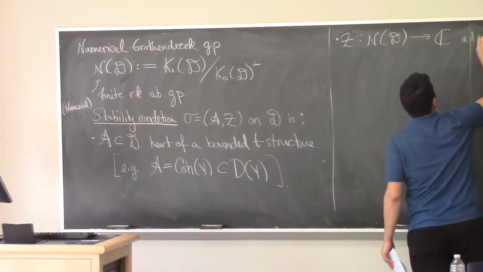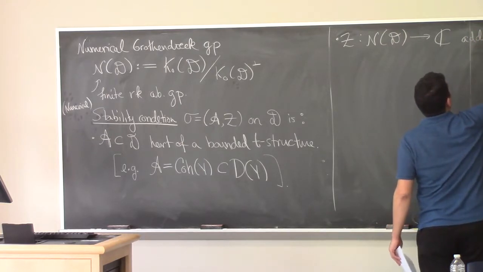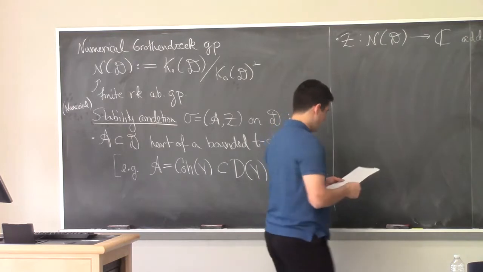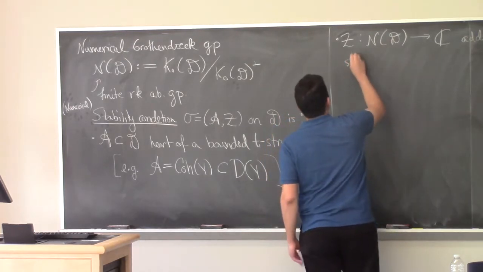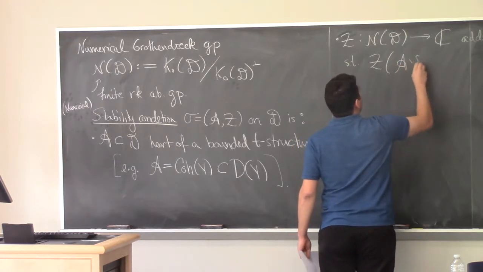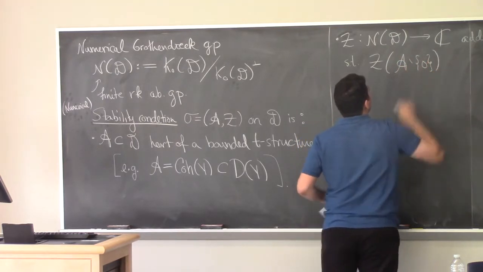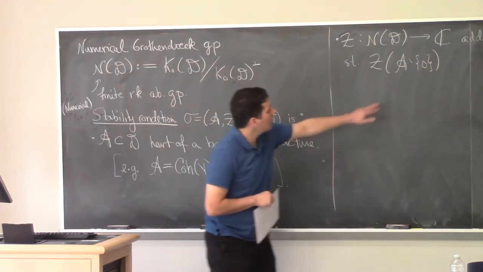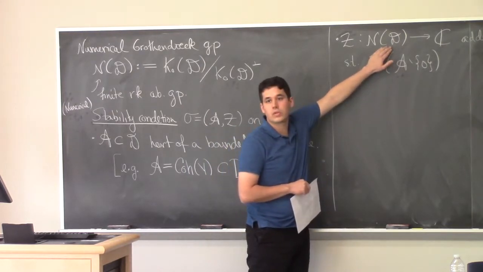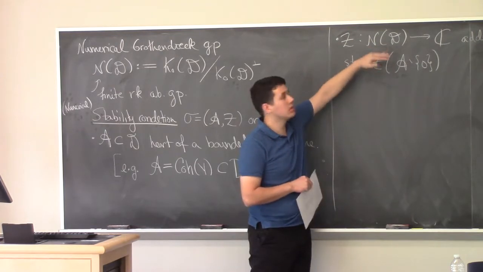So this is an additive homomorphism such that the following property is satisfied. If you have any object in D, you can consider its class in this numerical group, right? You can just look at its image in this group.